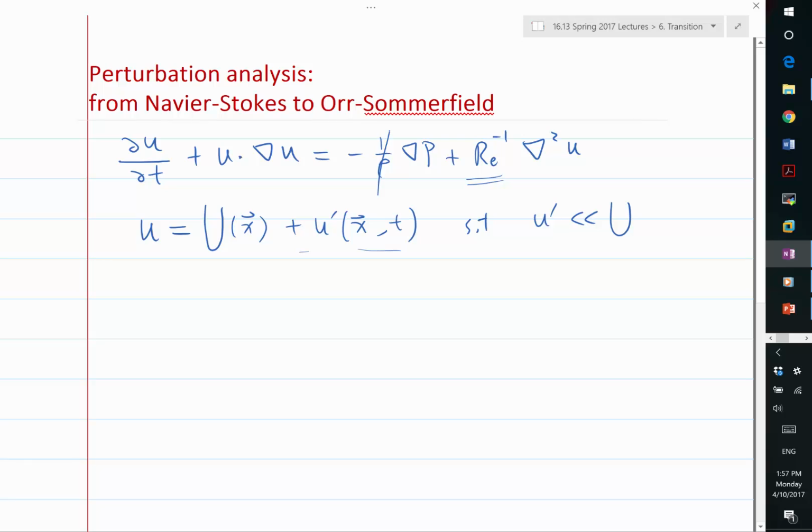The small disturbance is small, but is a function of time. The base flow, big U, is not small, but it is not a function of time. Okay.